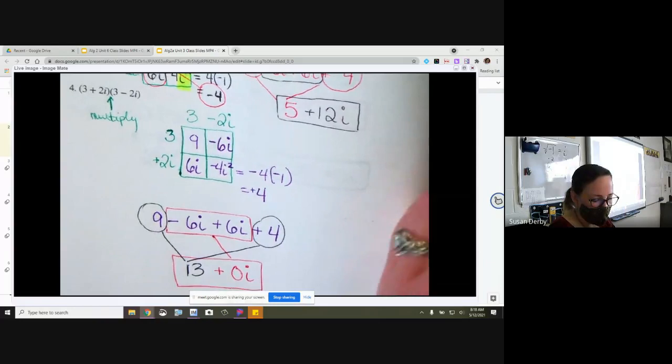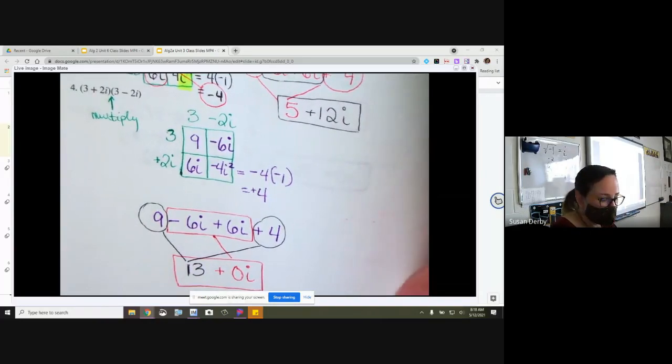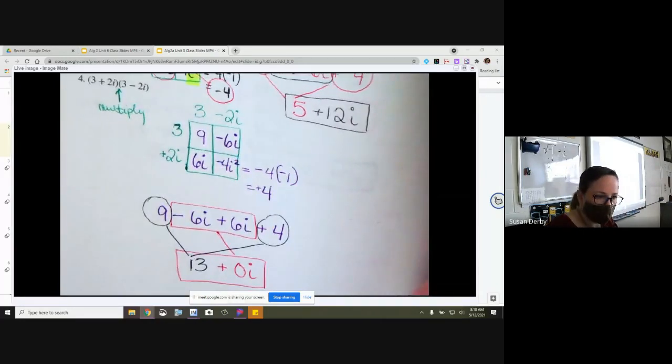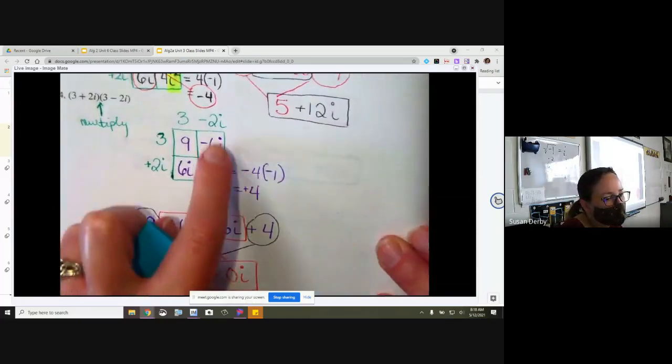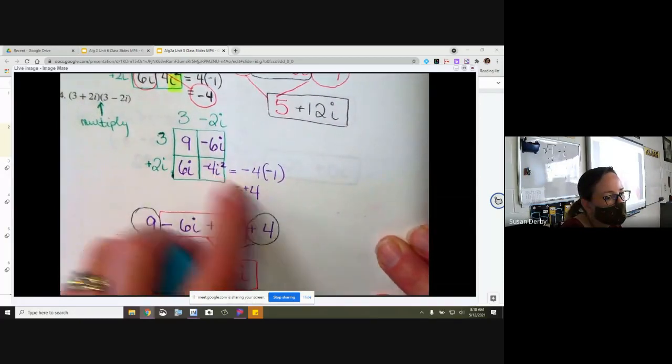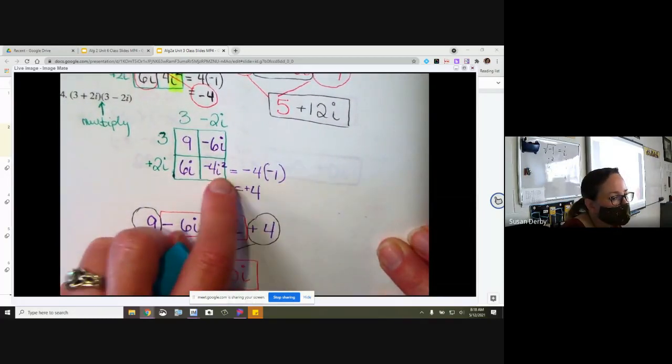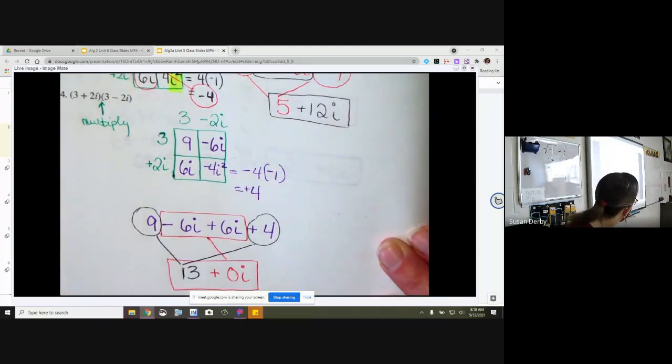All right. Love that you guys are helping me out with that. Really appreciate it. Working through some of those. Our big idea is this: i squared equaling -1 and how we can multiply those together.